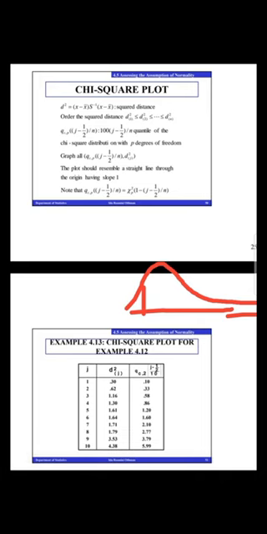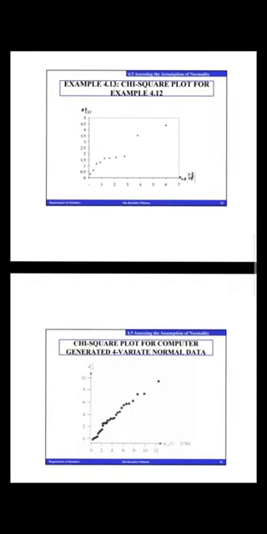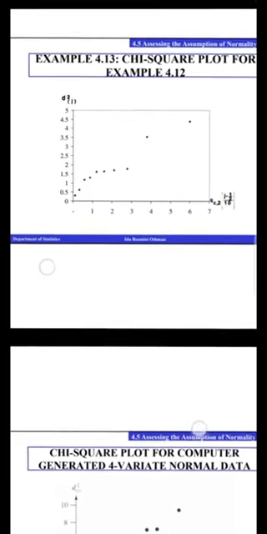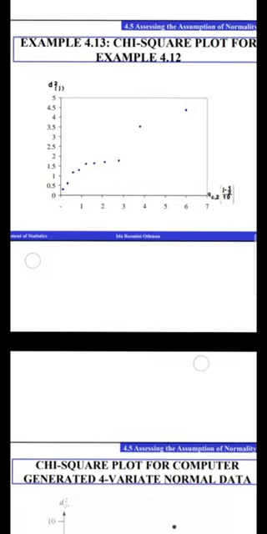So once we have these two columns, d square and the quantile column, and then you just plot the graph as usual. Okay, so using this example, this is the chi-square plot that we will generate after using the value of d square and quantile tadi.